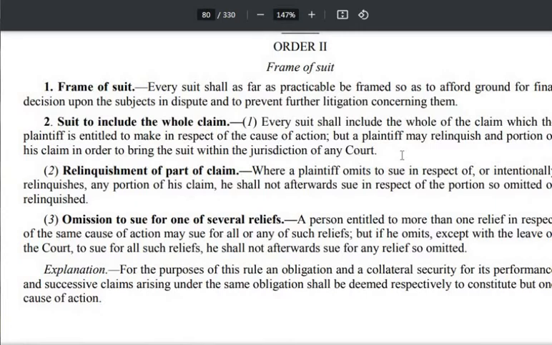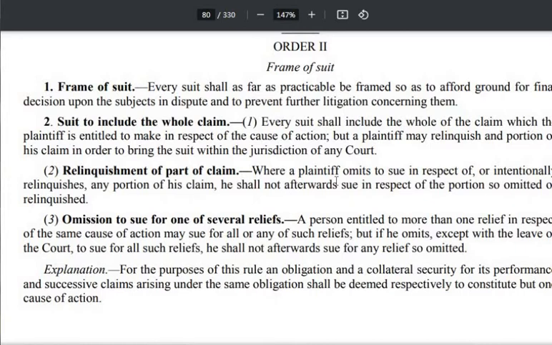So as far as clause 1 and 2 are concerned, they are related to every single relief, and whatever claim he has got with respect to one relief, that he has to claim in totality. But he has a discretion to relinquish a part of that claim.